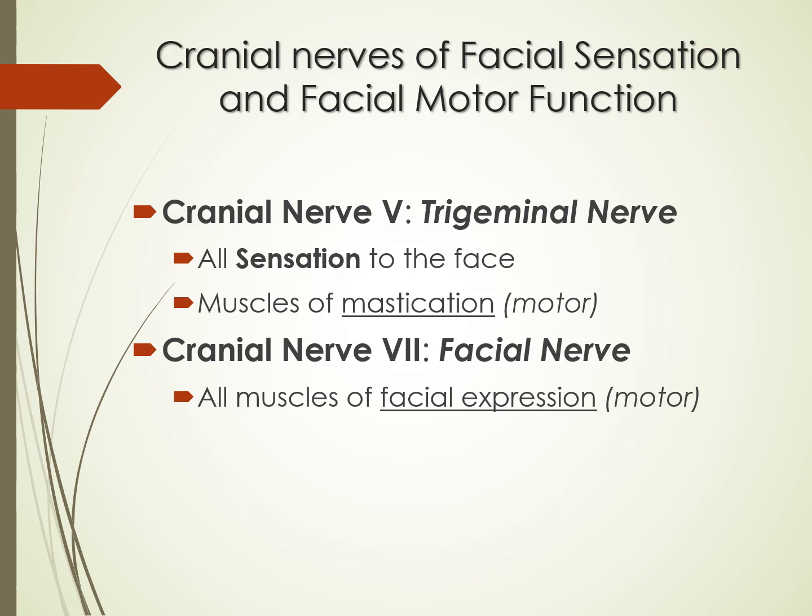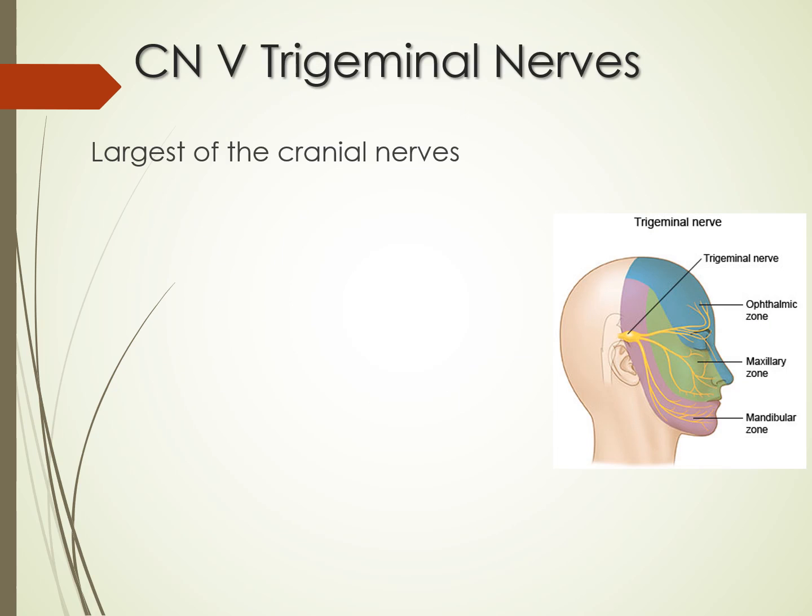Okay, so it's responsible for any sort of sensation to anywhere on the face, but it also has some motor function as well, and it innervates those muscles of mastication. If anyone remembers those muscles of mastication, the temporalis and the masseter muscles, that's what the trigeminal nerve innervates.